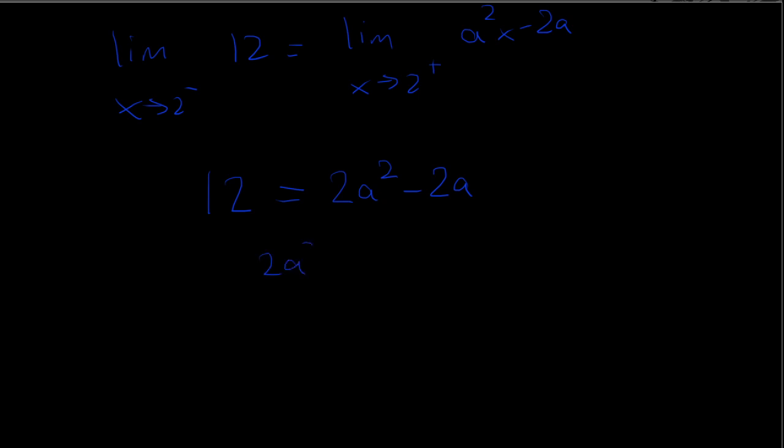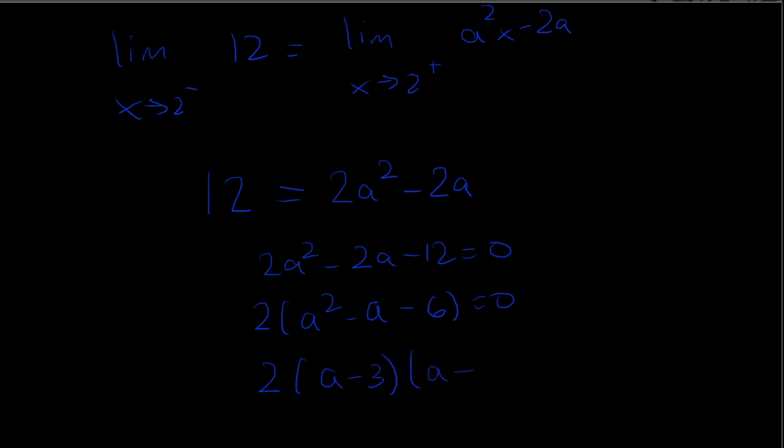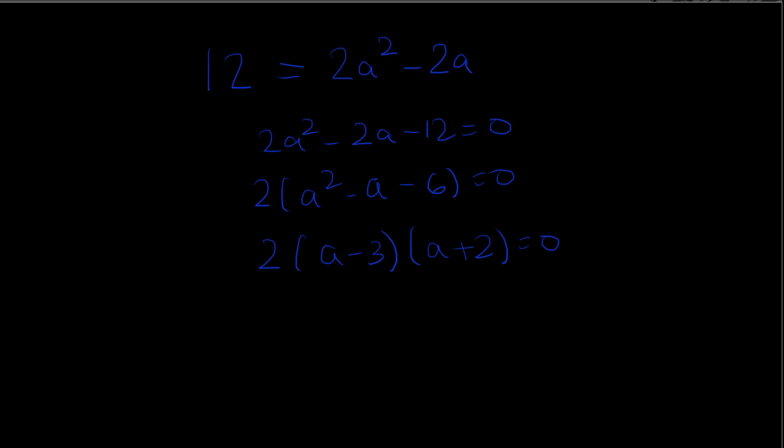I bring the 12 over, factor out a 2, and I can now easily factor the equation. I get two nice factors. I want a minus 3 to be 0, and I want a plus 2 to also be 0. So that would give us 3 and negative 2.